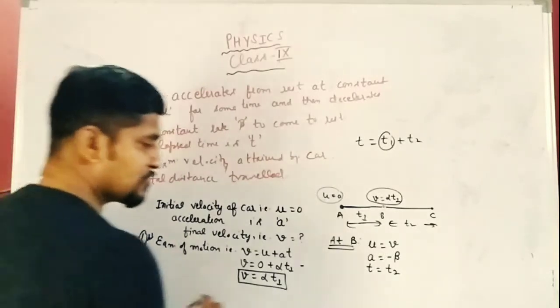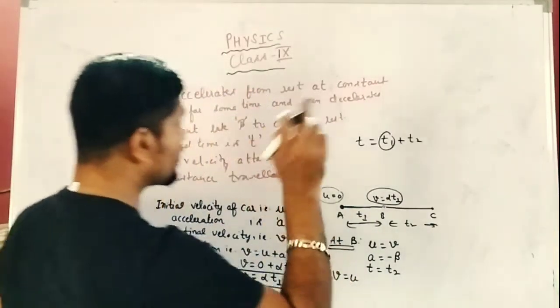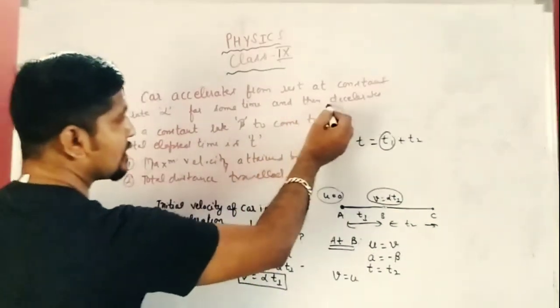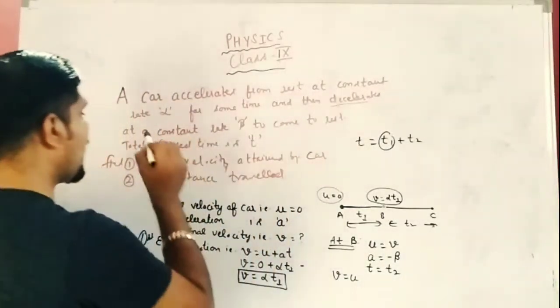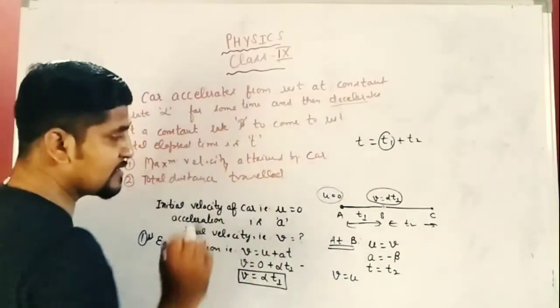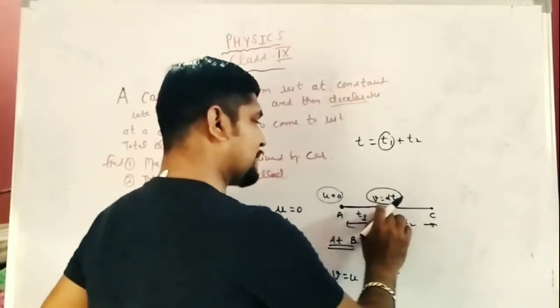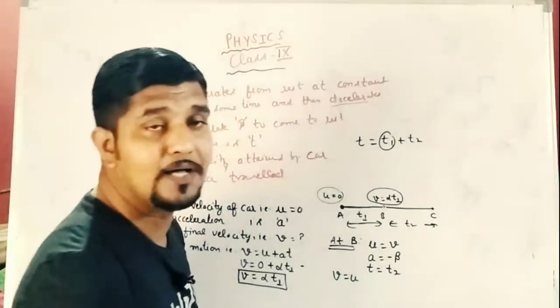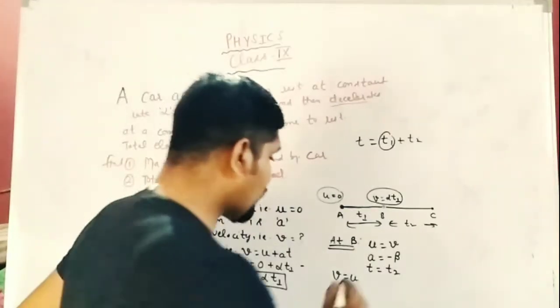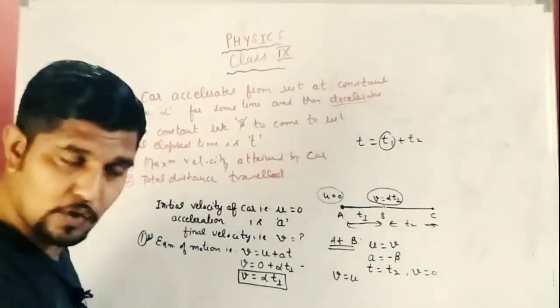Using the same equation of motion, one thing is that the car is decelerating at a constant rate beta and comes to rest. It means when the car is decelerating from B to C at a constant rate beta, and then comes to rest, the final velocity of this car will be equal to 0.